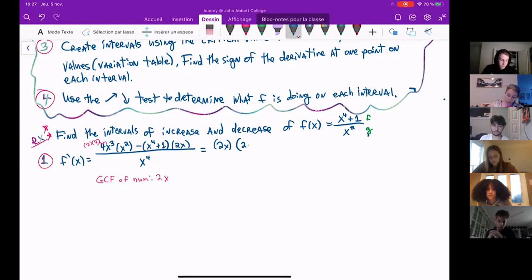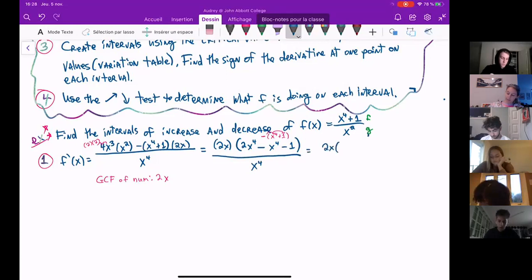So this is actually 2x to the 4th minus x to the 4th minus 1. And that's because we're subtracting x to the 4th plus 1 in parentheses, so the minus sign gets distributed to both things. So then I have 2x times x to the 4th minus 1 over x to the 4th.